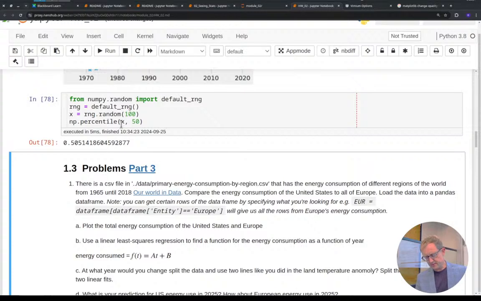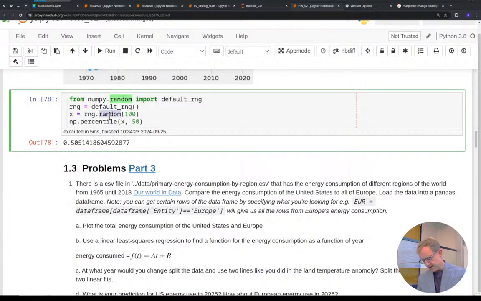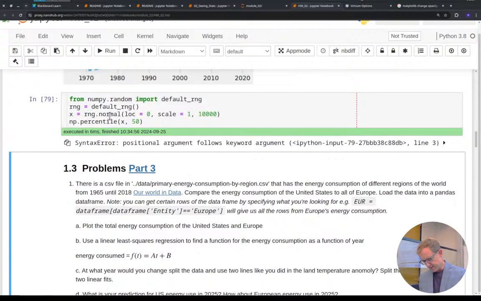Yeah, so if I'm generating random numbers, it's just going to give me that percentile. If I use normal with loc equals 0 and scale equals 1, let's do 10,000.